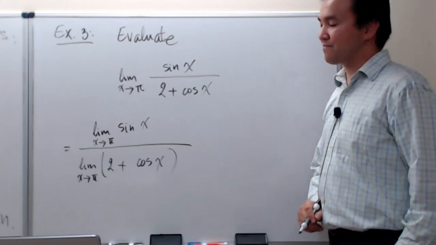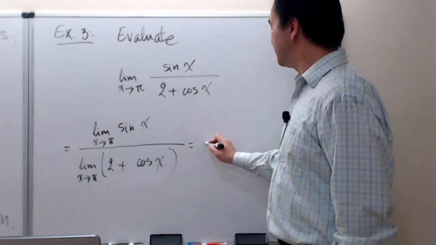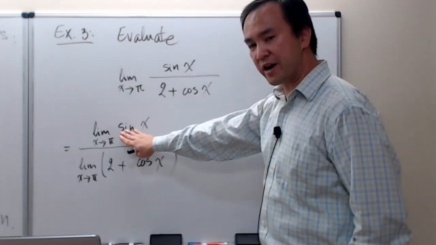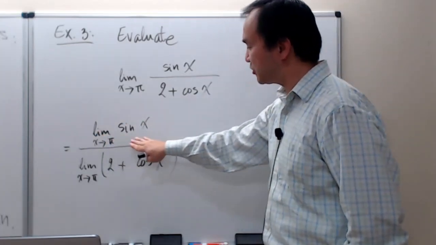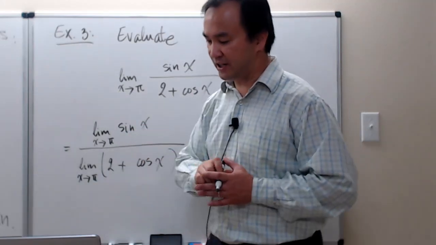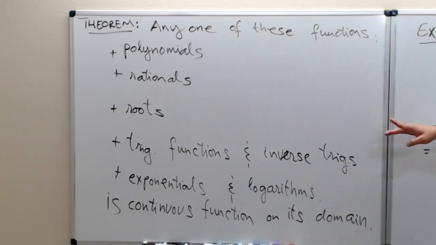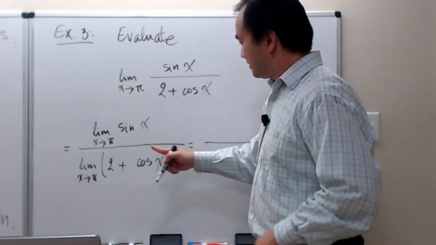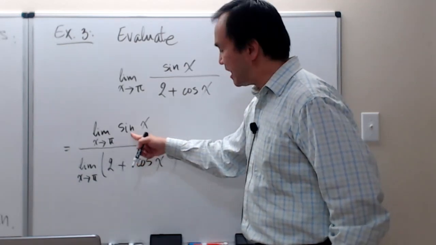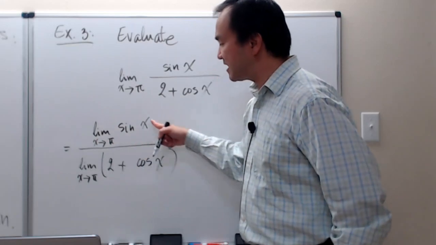The next step, we are ready to tackle the limits for these functions. First, if we apply the theorem we just learned to our problem, then this value pi is in the domain of the function sine of x. And so this limit can easily be found.